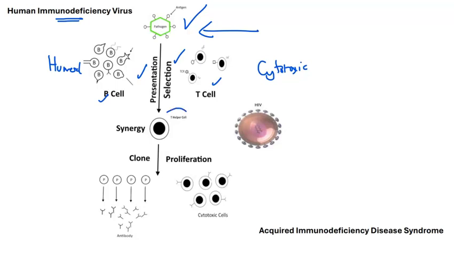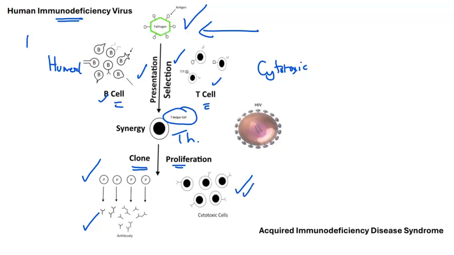With the assistance of a T helper cell, the B cells and the T cells have enhanced cell division to form clones. So there's a great proliferation of these cells to produce a large number of plasma cells and their antibodies. And then on the cytotoxic side of the discussion, we would get a large number of cytotoxic cells produced.